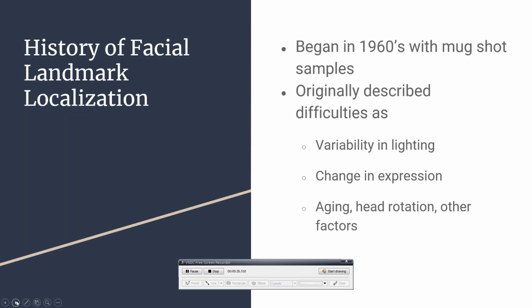So we're going to start talking about this project by the history first of facial landmark localization. Facial landmark localization, also known as face alignment, is used in many processes such as 3D facial reconstruction, facial recognition, and many other applications.